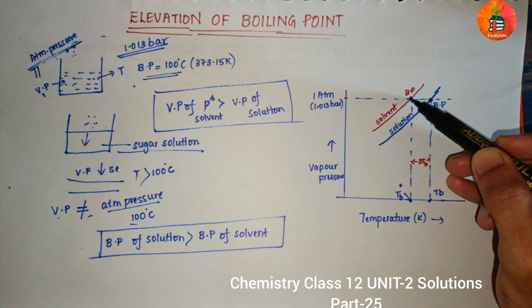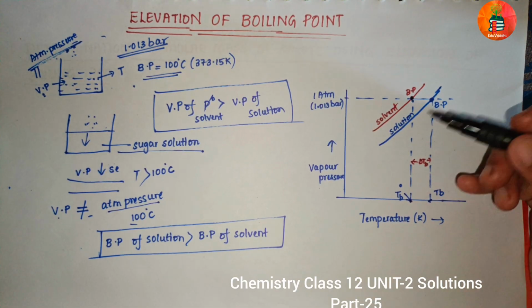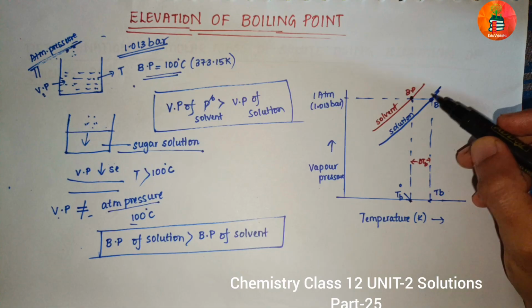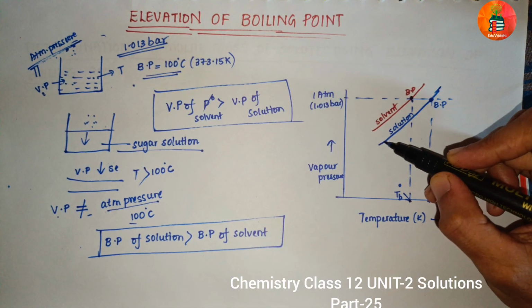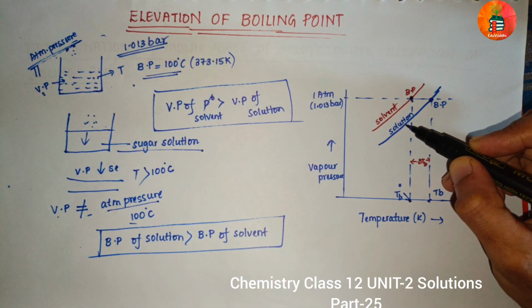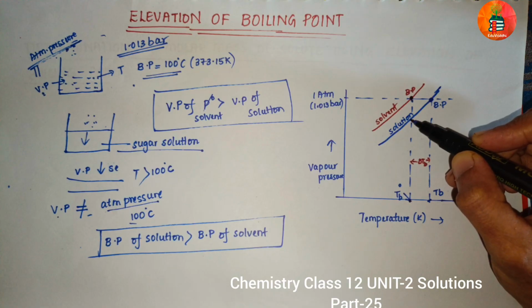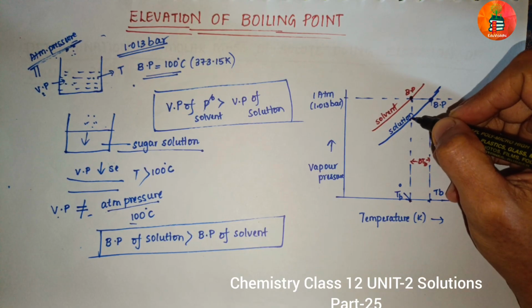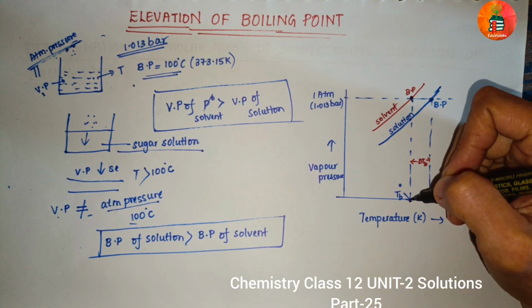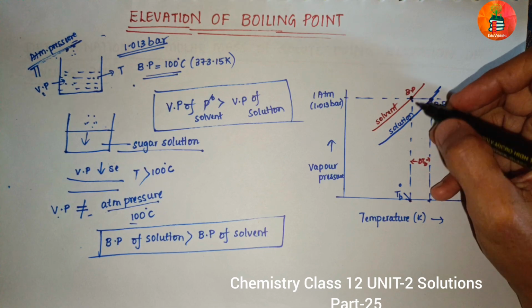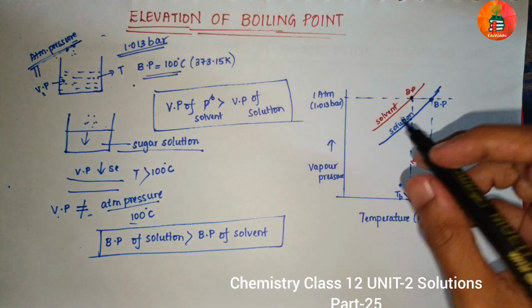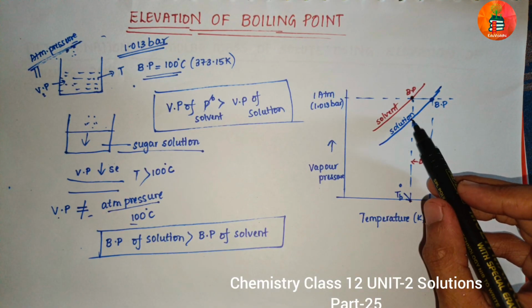But when you add a non-volatile solute into that solvent, it changes into a solution. Now the curve for the solution is in this manner. As the temperature is increased, vapor pressure is increased, but at the same TB0 temperature, the solution should also attain the atmospheric pressure, yet it is not like that here.